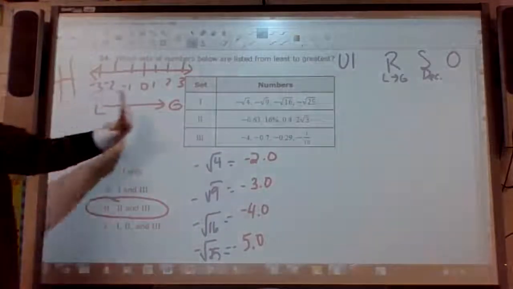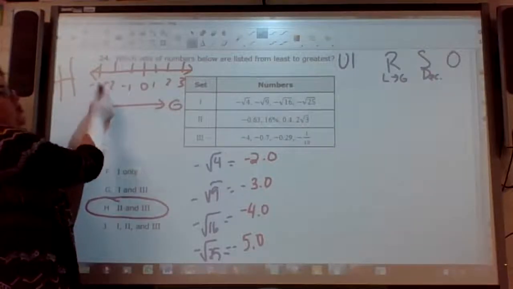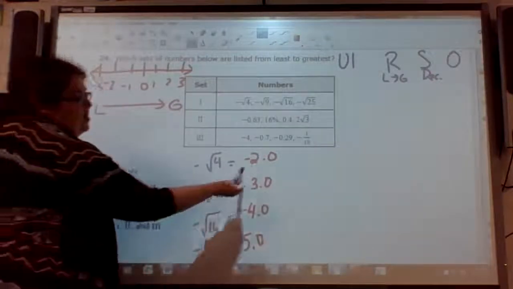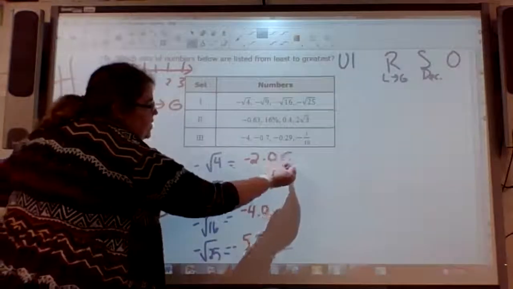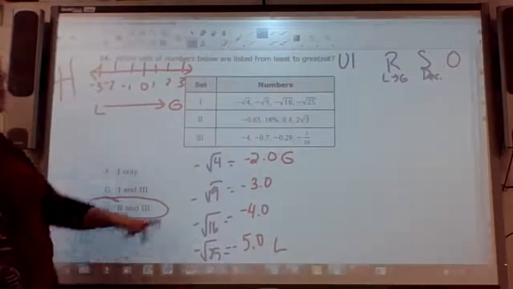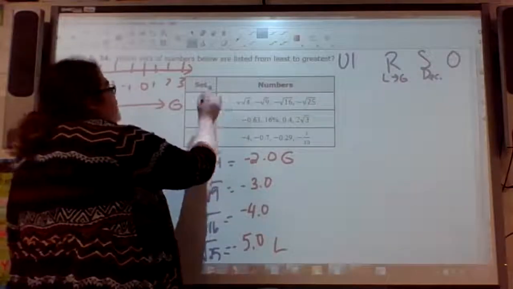So if I'm going least to greatest, on the negatives, the smallest is actually the largest of the negatives. So this is my least, and this is my greatest. My first one should be negative square root of 25. That is not least to greatest. So this is false.